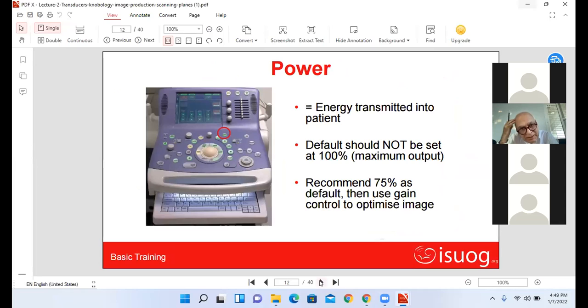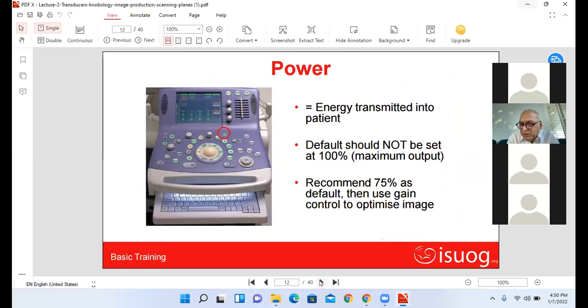See the power. Power is energy transmitted into the patient, and the default should not be set at 100% maximum output. The recommended default is 75%. Then use gain control to optimize the image. Now, what happens is, let us say I come across a person who is obese, right?